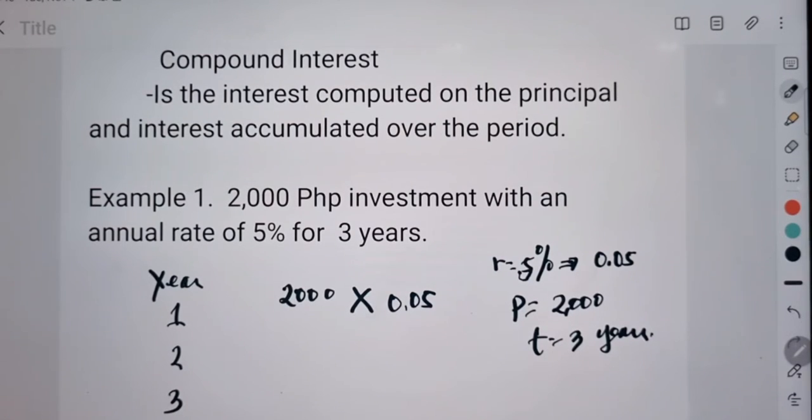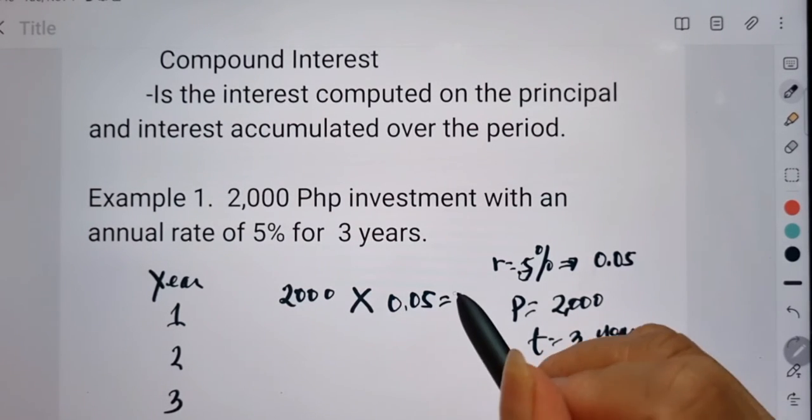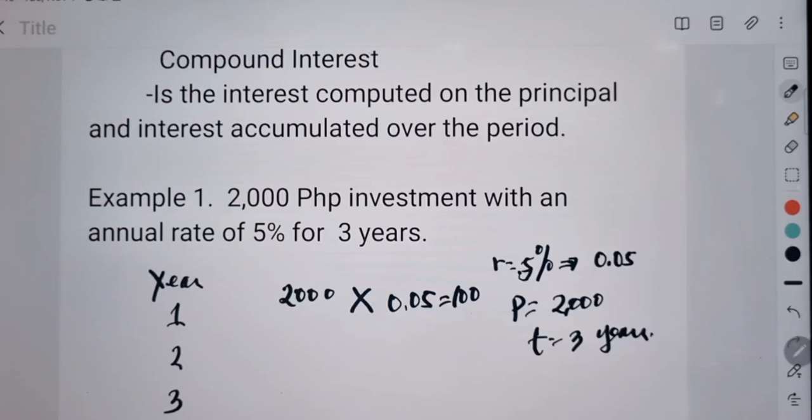Gagawin muna natin to bago ko ipapakita sa inyo yung formula. Para in case na makalimutan nyo kung paano i-compute yung formula, pag ang number of years ay medyo konti lang, 2 years, 3 years, 5 years, pwede nyo gawin ito.